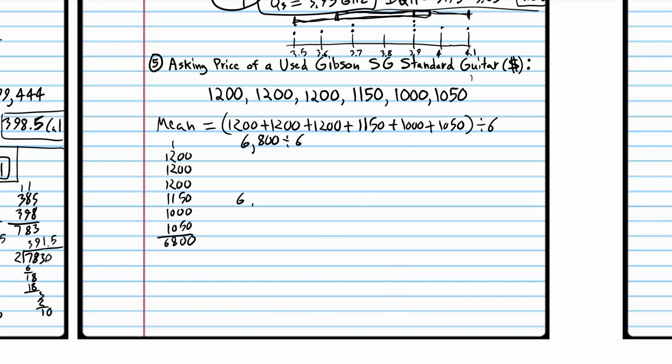So we're going to use the long division algorithm. 6 goes into 6 one time, and so on and so forth. It looks like we're just going to keep going on and on here. Bring the decimal straight up. And we're going to get 1,133.3 repeating.